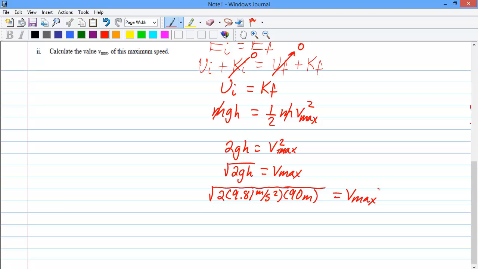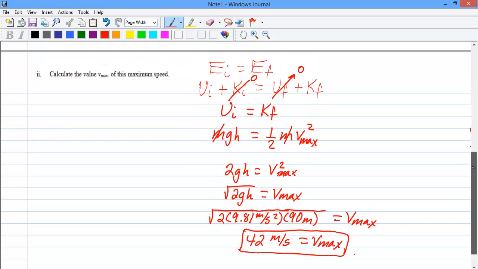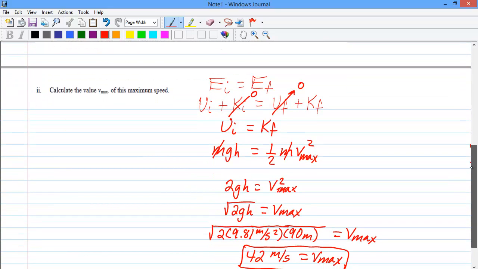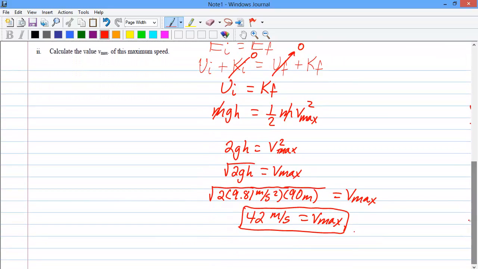Putting 2 times 9.81 times 90 into the calculator gives us a value of 42 meters per second, and that's the velocity at the very bottom. Again, all we did here is set the initial potential energy at the very top equal to the final kinetic energy at the very bottom.